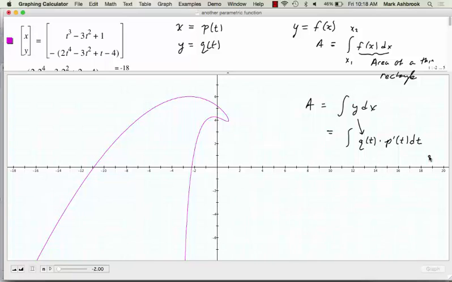So that would be our function of y times the derivative of our function of x, dt, from the starting value of t to the ending value of t. The area you find is going to be defined by whatever x-coordinate you start at t1 and whatever x-coordinate you finish at t2.